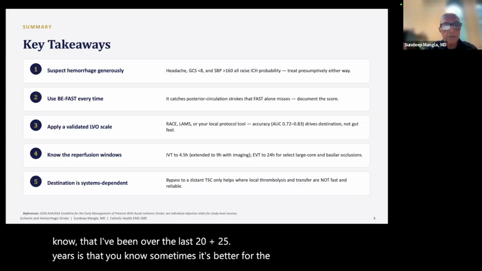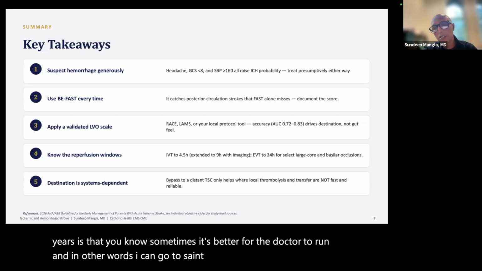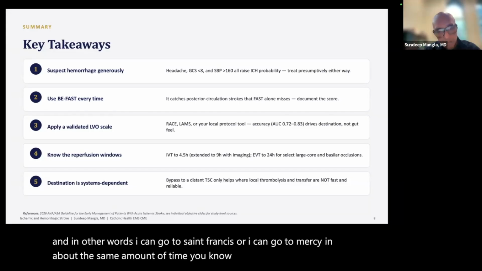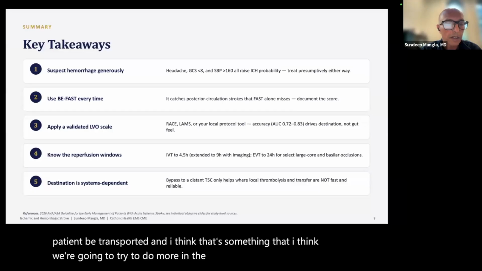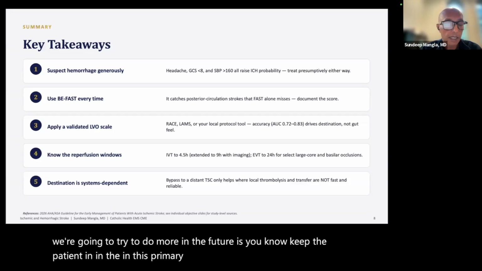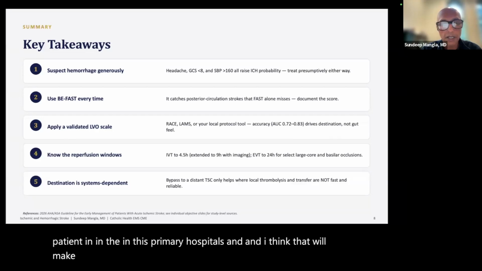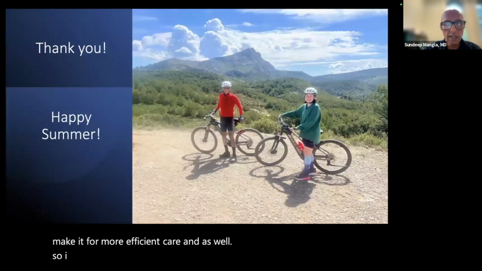In other words, I can go to St. Francis, or I can go to Mercy in about the same amount of time, rather than have the patient be transported. And I think that's something we're going to try to do more in the future: keep the patient in the primary hospitals, and I think that will make for more efficient care as well. So I think that is my last slide.